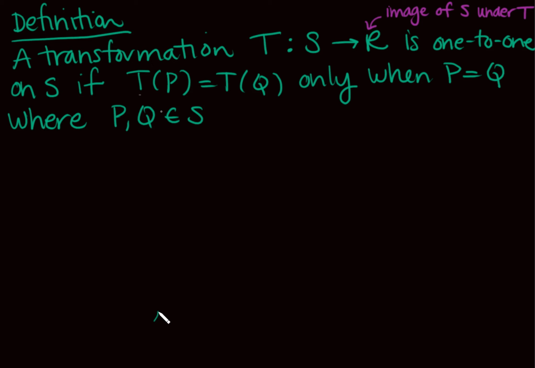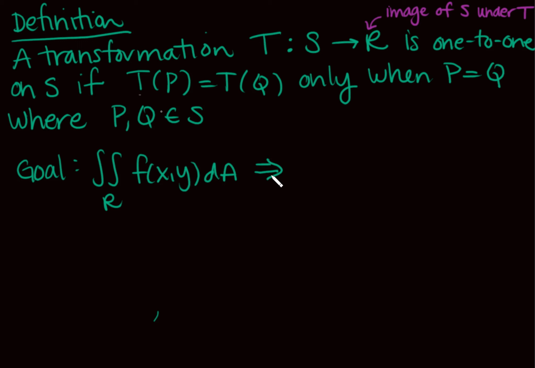So our goal is to take a double integral that is defined over some R, and I know this is going to look a little backwards from how we're defining this, but we want to transform it into some integral on S, where we transform your x and your y into functions of u and v, and then I have this dA.